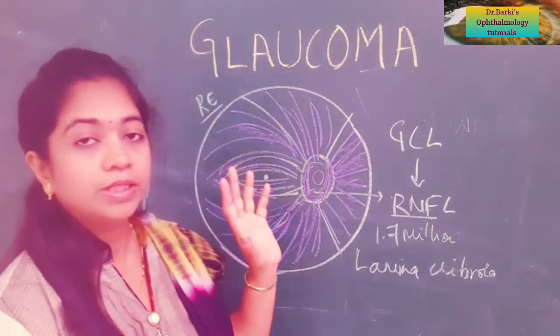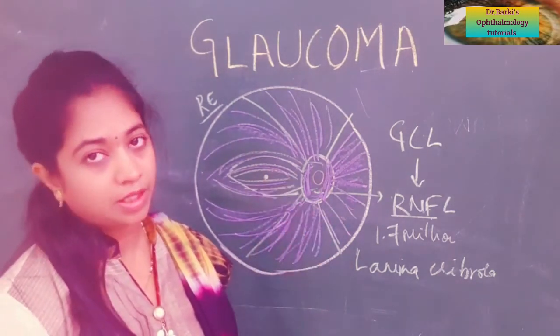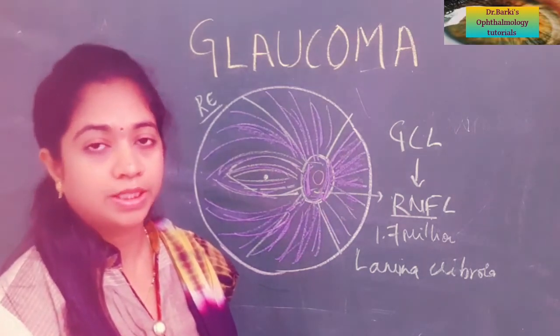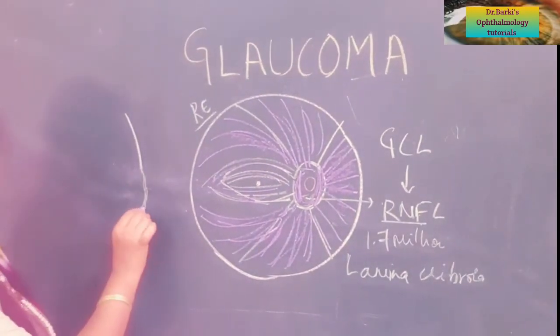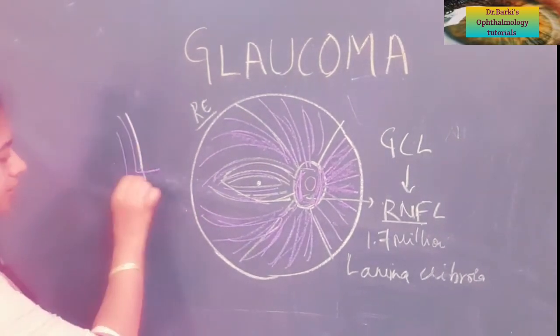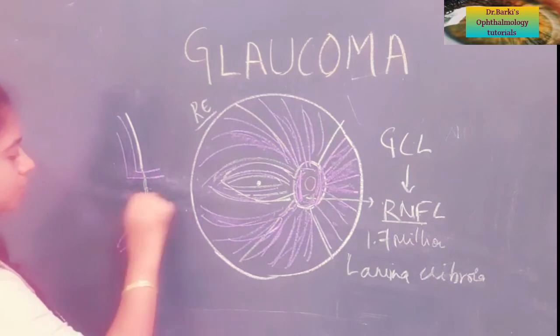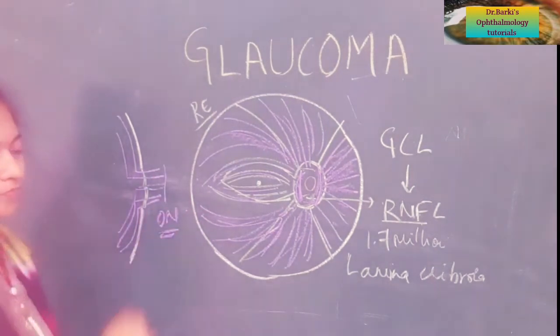This is how the retinal nerve fibers are arranged and how they leave the eyeball to form the optic nerve. In the cut section, this is the lamina cribrosa and this is the sclera. The nerve fibers come and exit like this through the lamina cribrosa to form the optic nerve.